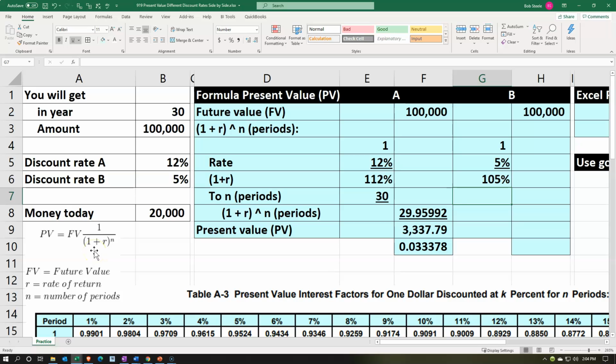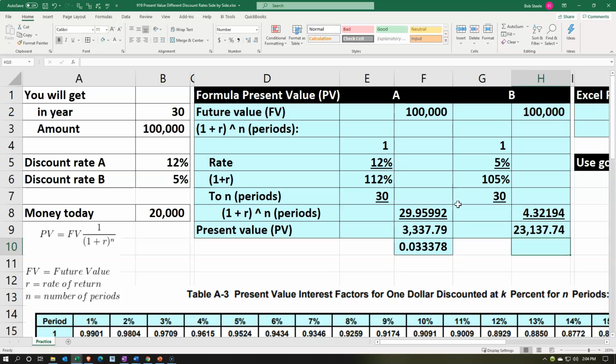Now we have the number of periods, so we're going to take that to the number of periods, which is 30 years. And now let's do that calculation down on the outer column now, which is going to be the 105%, 1 plus r to the power of 30. So this is the 105%, Shift 6, or the caret, to the power of 30. There we have it. Now we're going to say this will equal the numerator divided by the denominator.